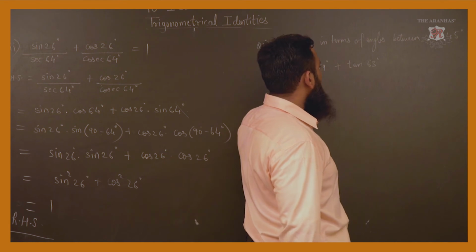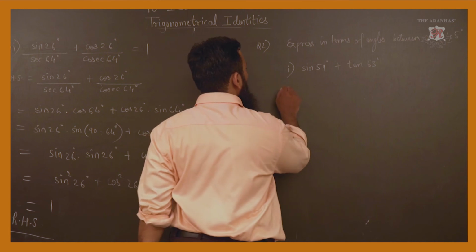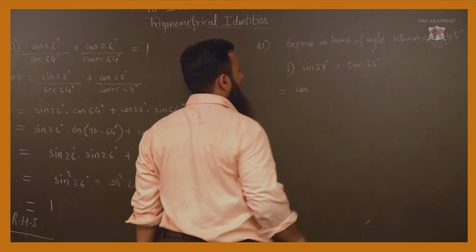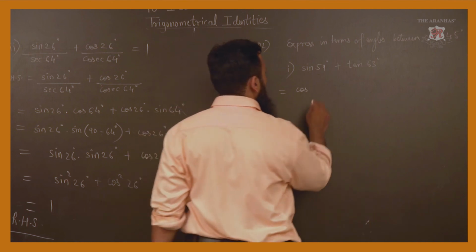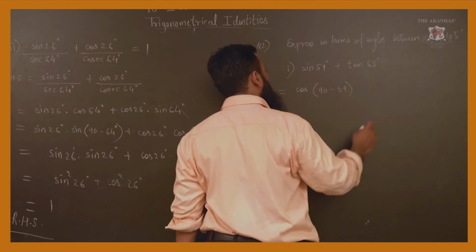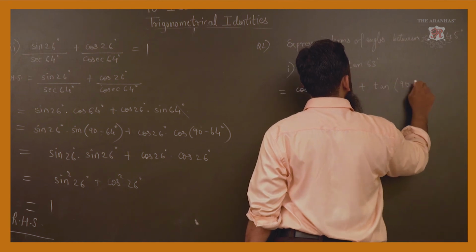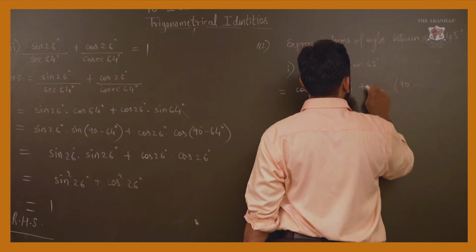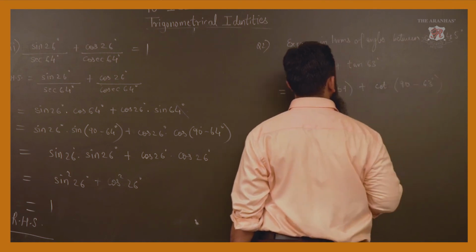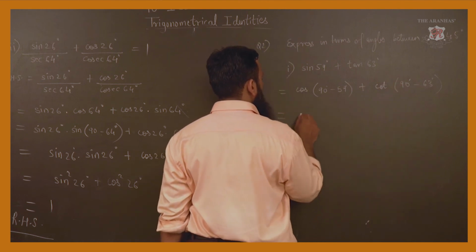59 is greater than 45, 63 is also greater than 45. So why not to write it in complementary angle? Sin of theta is cos 90 minus theta. So it will be cos 90 minus 59 and this will become tan, complementary angle is cot 90 minus 63. Let us subtract them and see.